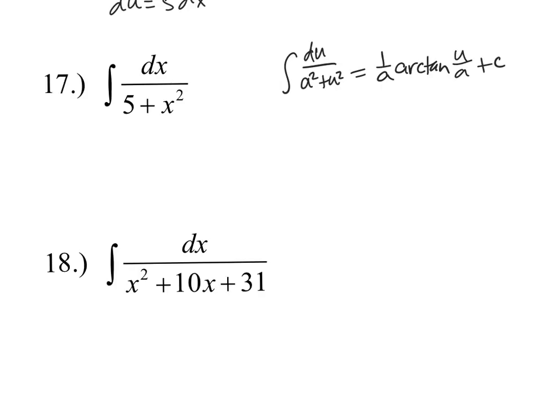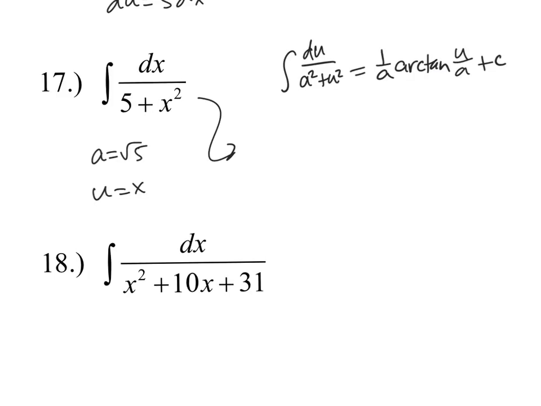So number 17, our a squared is 5. That means that a is the square root of 5, and then u would be x. So the antiderivative then would be 1 over the square root of 5, times tangent inverse, or arctangent, of x over the square root of 5 plus c.